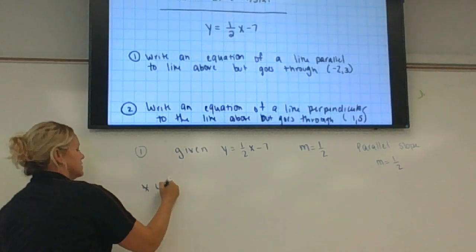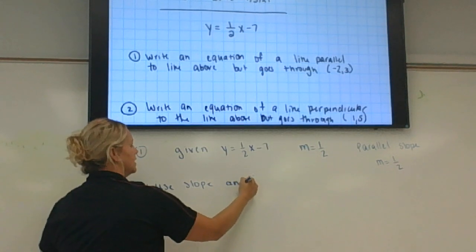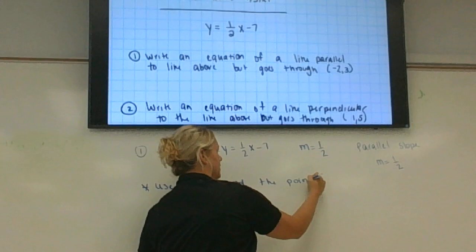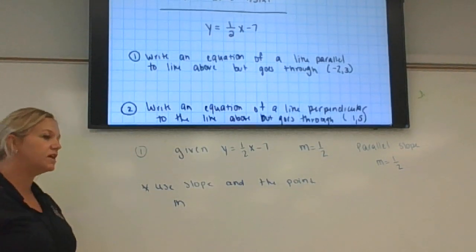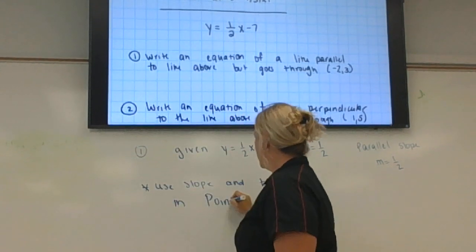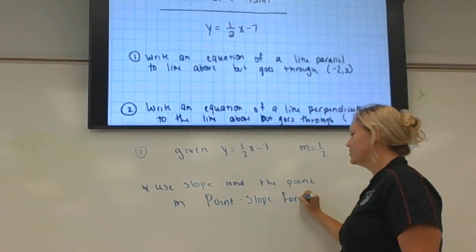So now we're going to use the slope and the point in, this is going to be crazy, the name is very telling, point slope form. Wait a minute, we have a slope and a point and we plug it into point slope form.